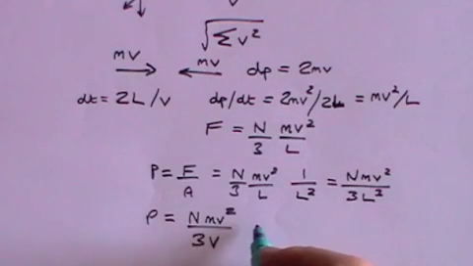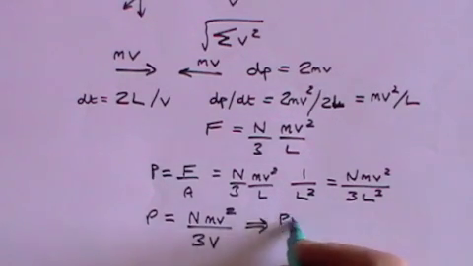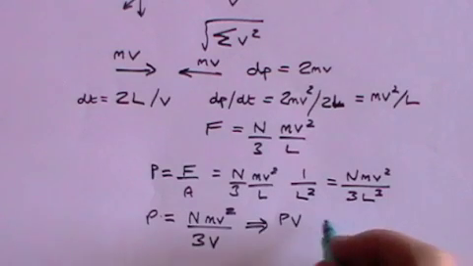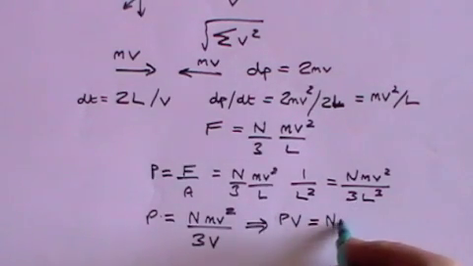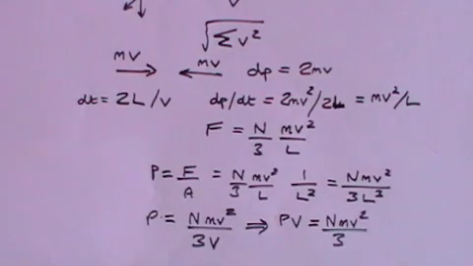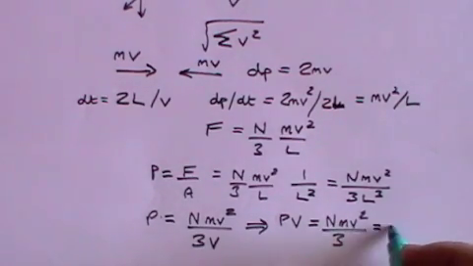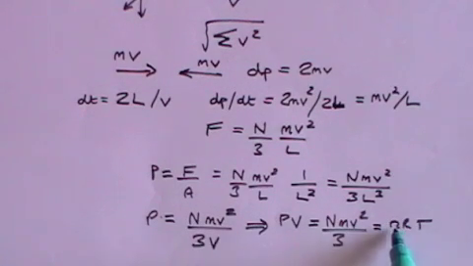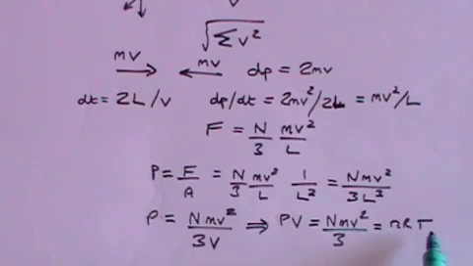And rearranging that, we can say that PV, by taking the V up here, is equal to nmv squared divided by 3. But we've already shown that PV is nRT, where n is the number of moles, R is the molar gas constant and T is the temperature.